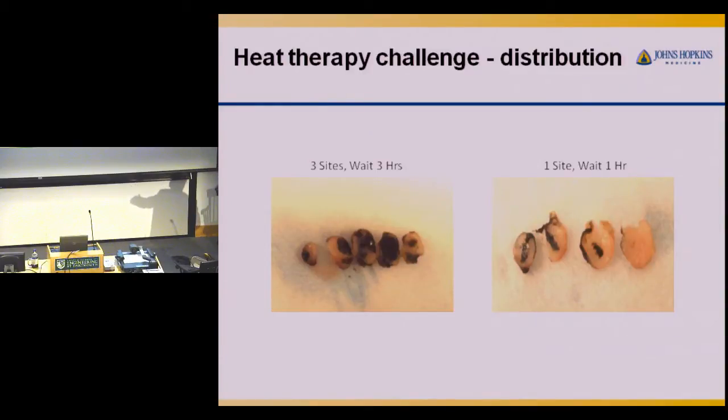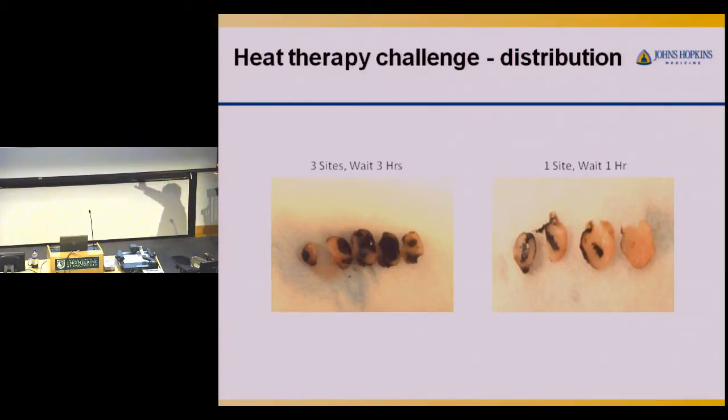We injected them directly with magnetic nanoparticle suspension, and that's the black area, and then took those out 3-4 hours later and sectioned the tumor. Does it look like we have a fairly good distribution of the nanoparticle therapeutic agent throughout the tumor? The answer is absolutely not.